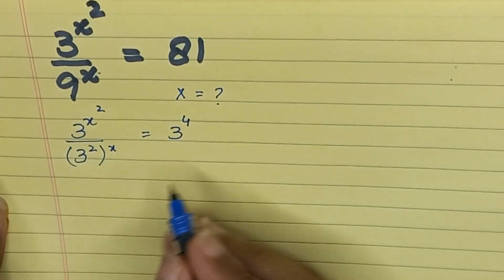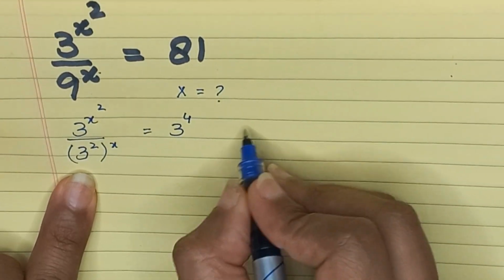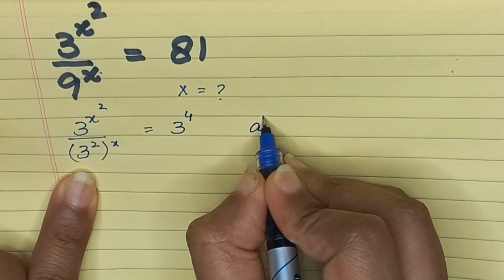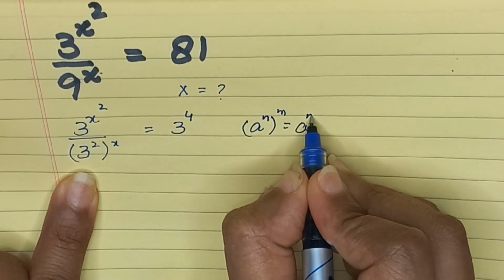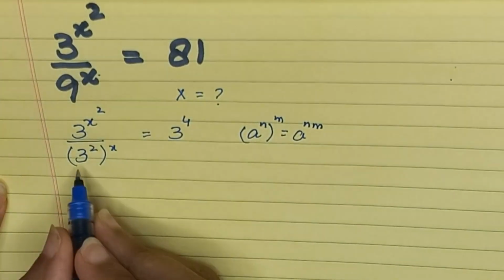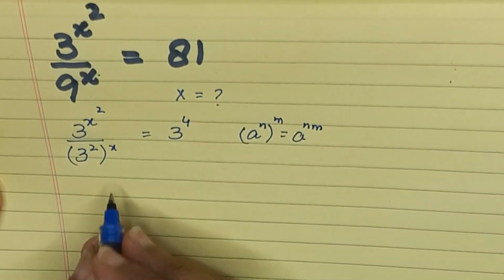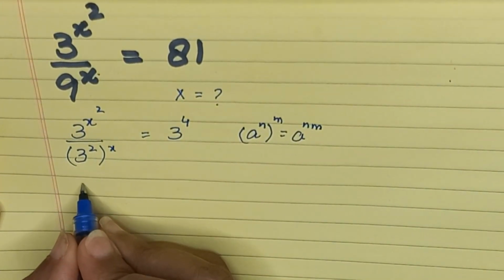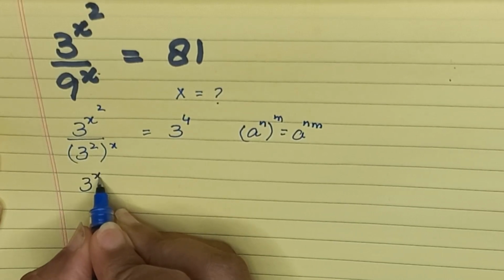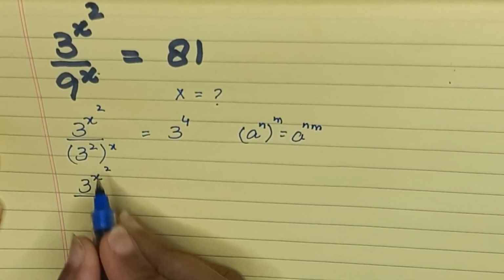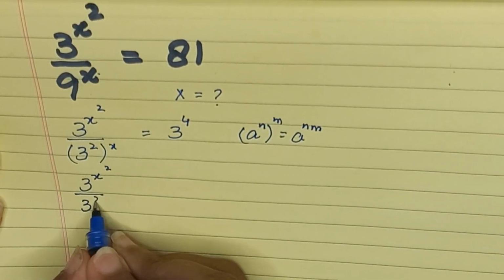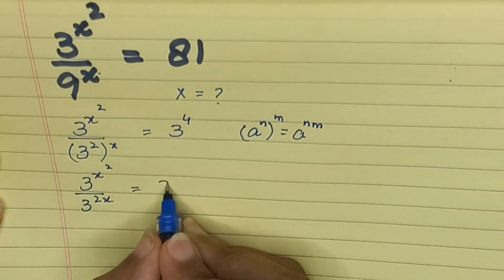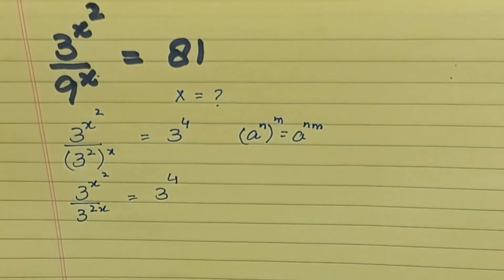So from here, as (a^n)^m is equal to a^(nm), we will apply this rule. So it will become 3^(x²) divided by 3^(2x), which is equal to 3 raised to the power 4.